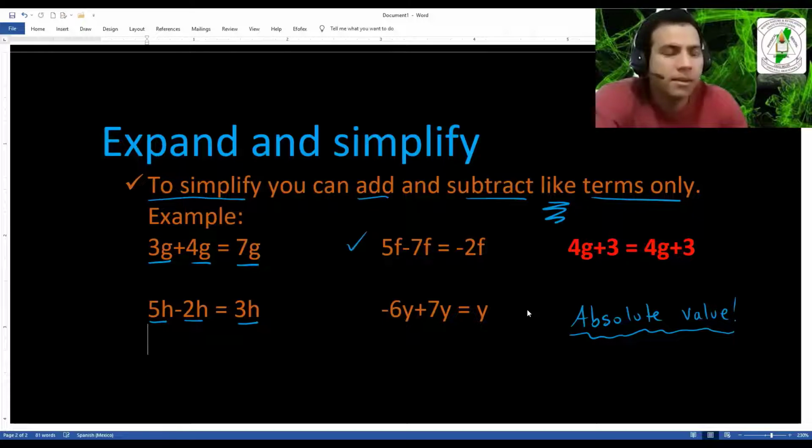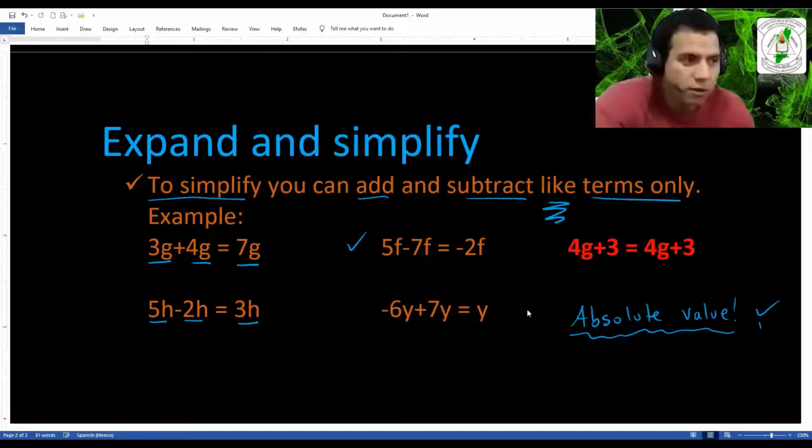Now in this example here, we need to be very careful. In this one here, we'll have to apply the concept of the absolute value, because one of the rules of integers says, if signs are different, subtract and take the sign of the larger absolute value. So we'll apply this concept of absolute value at this moment.